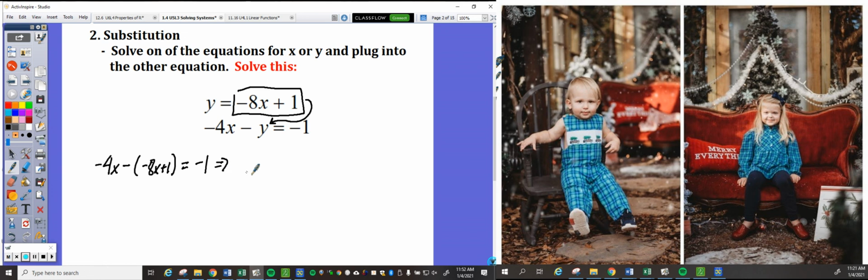So when we solve this, we have -4x plus 8x minus 1 equals -1. And so x would ultimately, in this case, equal 0. So when we come back up here and plug 0 in for x, y would equal 1. So my ordered pair is 0, 1.